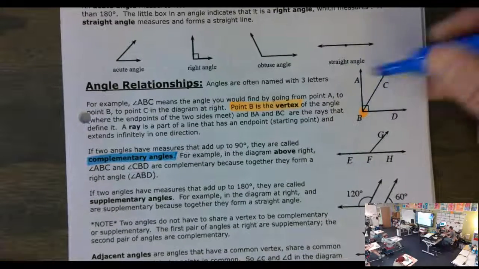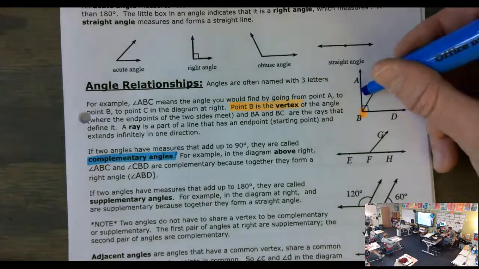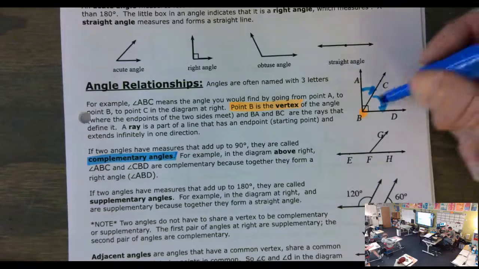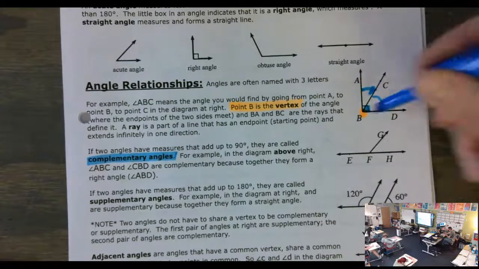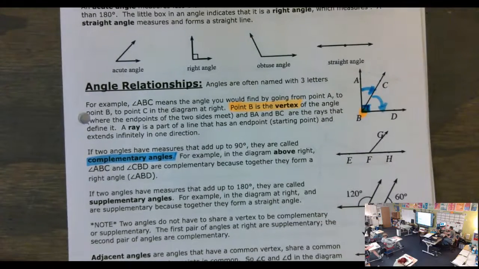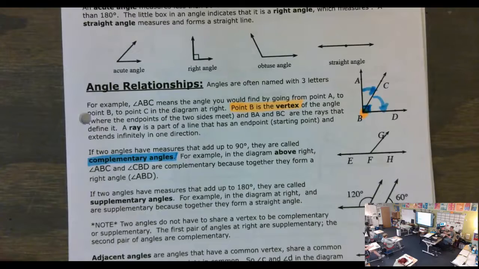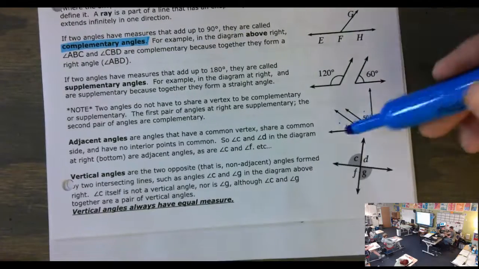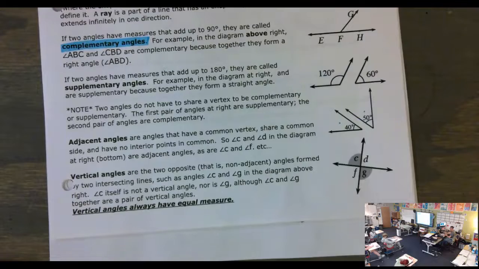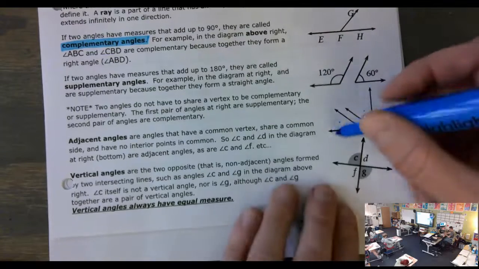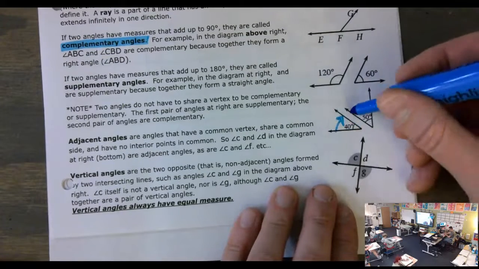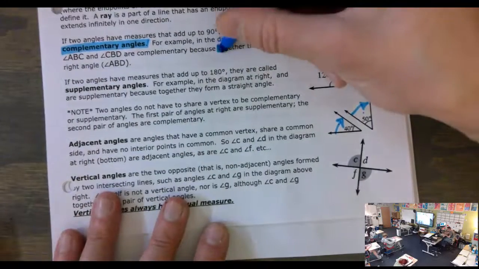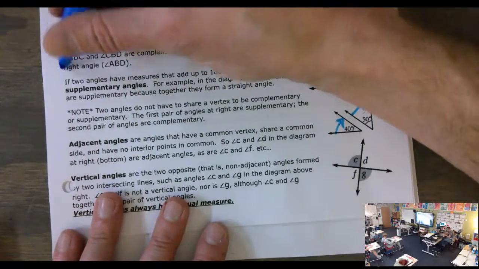Up here is an example: if I add this angle with this angle, we create a right angle, and it looks good. But also, these two angles down here, the 40 and the 50, what would 40 plus 50 make? 90. So these are also complementary angles. You might, in the same color that you highlighted, highlight complementary angles, together they form a right angle.